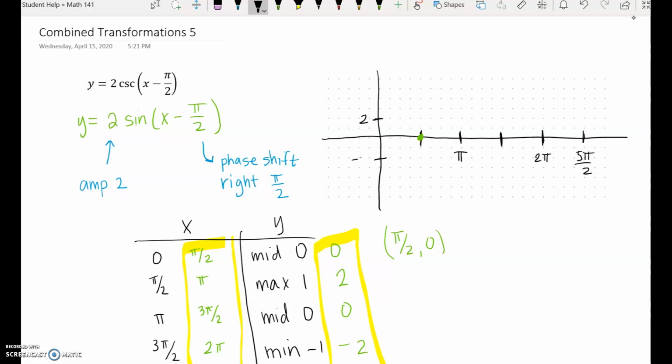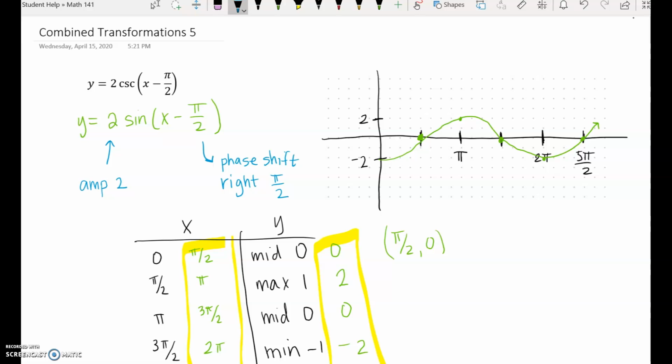And then negative 2 is down here. Okay, so my max will be here, come back to the center, down to a minimum, and then back to the center. So this is my base graph of sine. But I know that the actual graph is going to be around that.